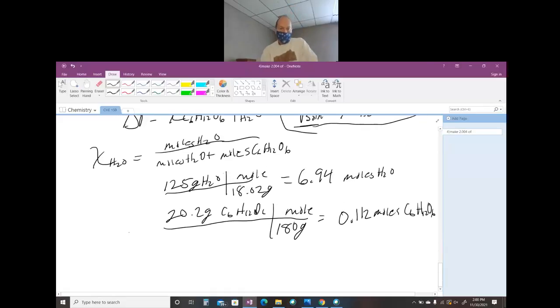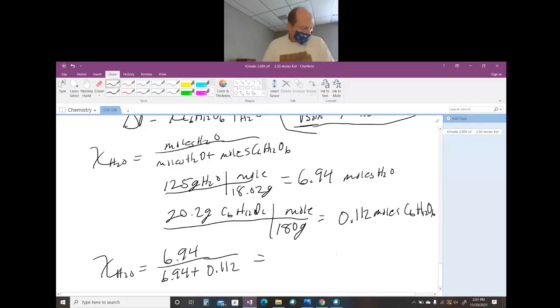Then I just plug it into the mole fraction of water equation: moles of water, 6.94, divided by moles of water, 6.94, plus the moles of glucose, 0.112. When I push that on my calculator, I get a mole fraction of 0.984.